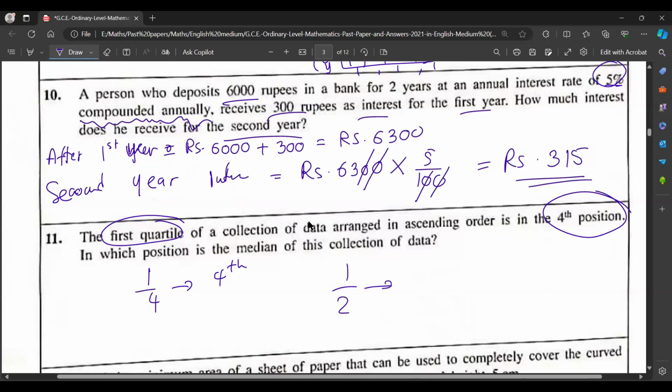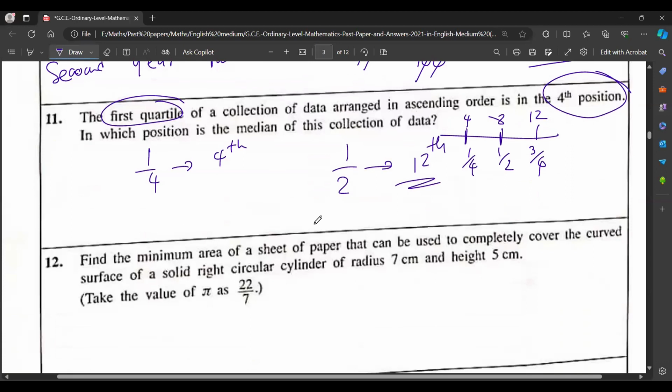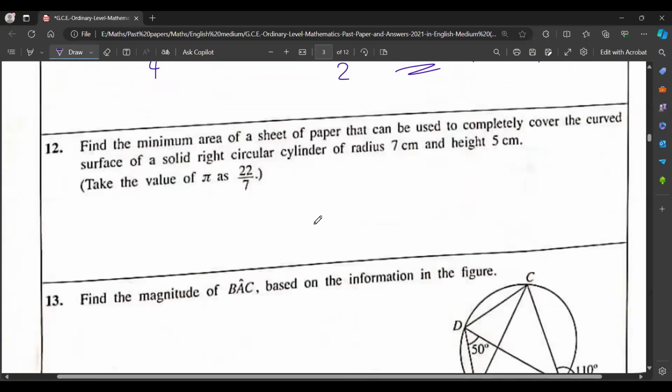If we have quartiles at 1 over 4, 1 over 2, 3 over 4, at the same distance, then if this one is the fourth place, this one should be the 8th place, and this one should be the 12th place. So the median should be at the 12th place. Take it like that, okay?